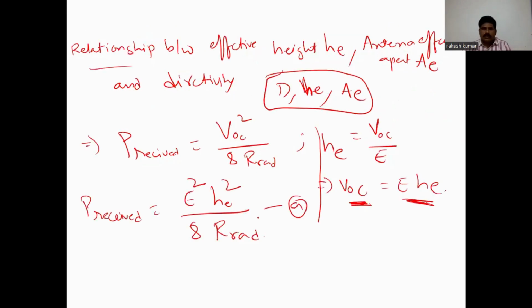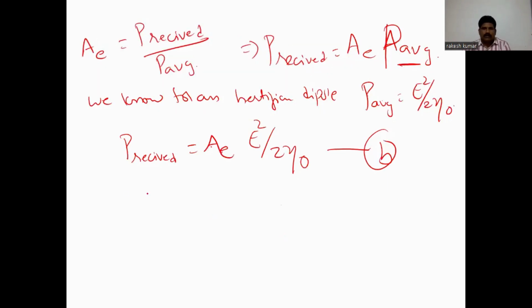This is expression A, the formula for P received, and similarly the earlier one is expression B.